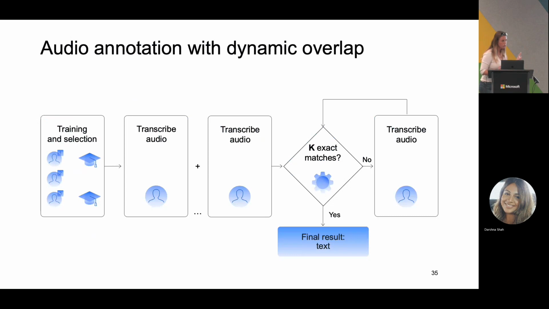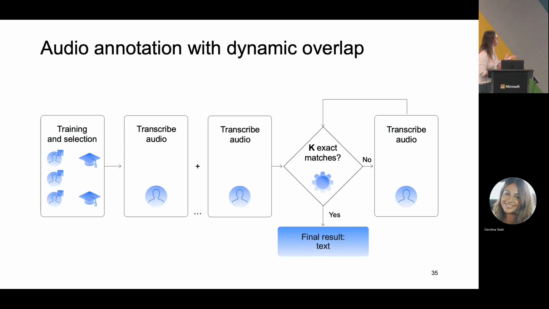It could be 2, depending on what kind of quality data I need. But if I get the K exact matches, I might be pretty sure, hey, those 2 guys, if they said the same, well, I don't think they're cheating. It would be very, very hard for them to put the same 2 random sentences, for example.